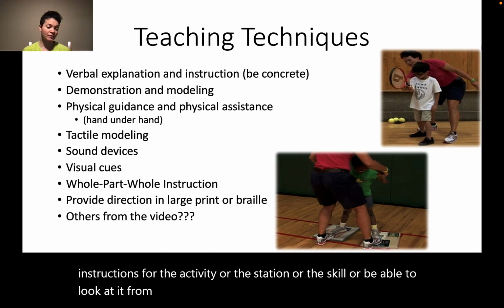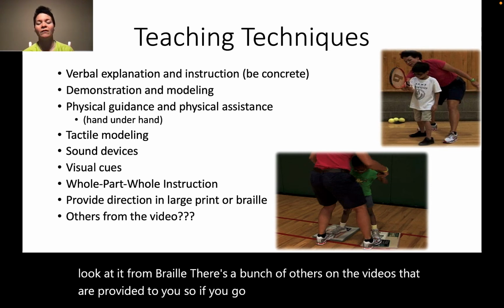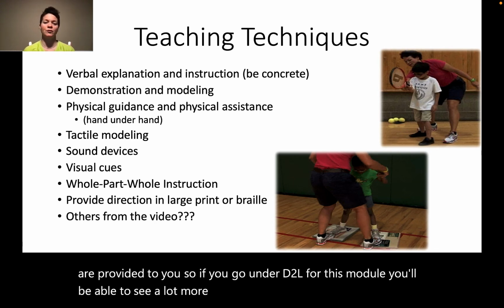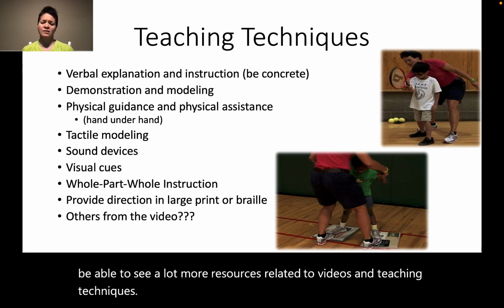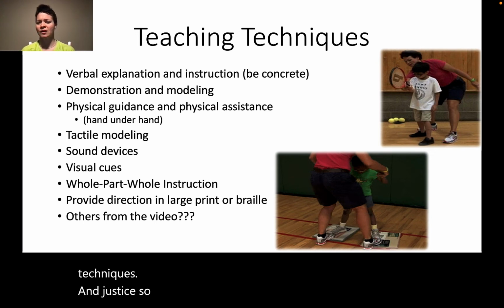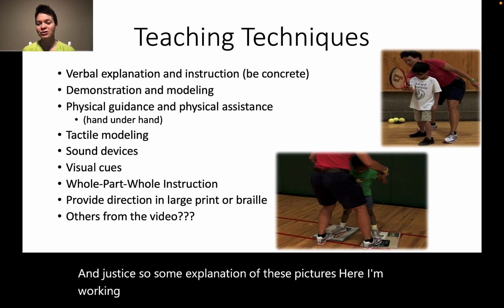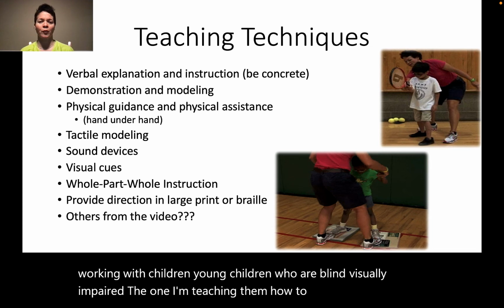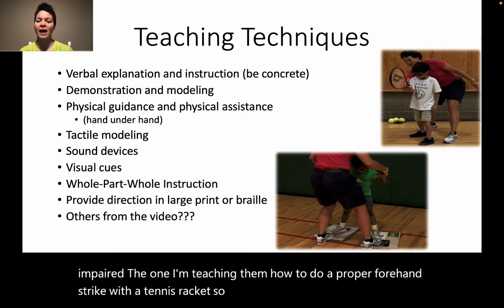There's a bunch of others in the videos that are provided to you. So if you go under D2L for this module, you'll be able to see a lot more resources related to videos and teaching techniques. And just some explanation of these pictures here: I'm working with young children who are blind or visually impaired. In one, I'm teaching them how to do a proper forehand strike with a tennis racket, so I'm providing feedback not just auditorily, but kinesthetically.